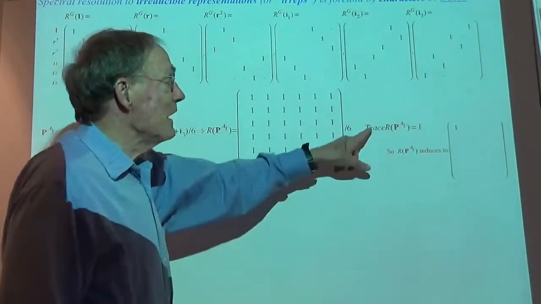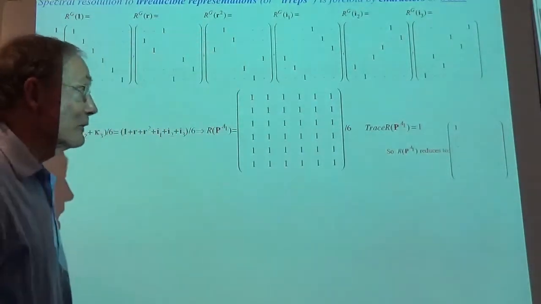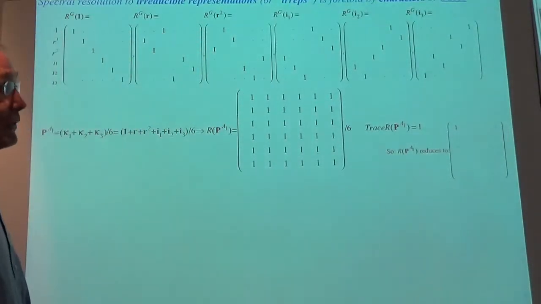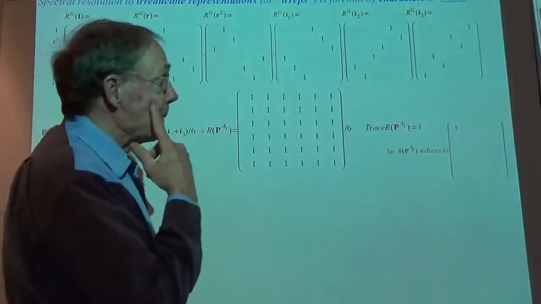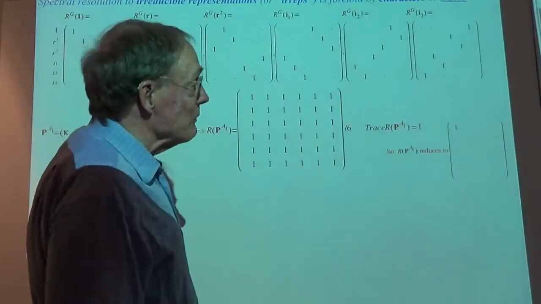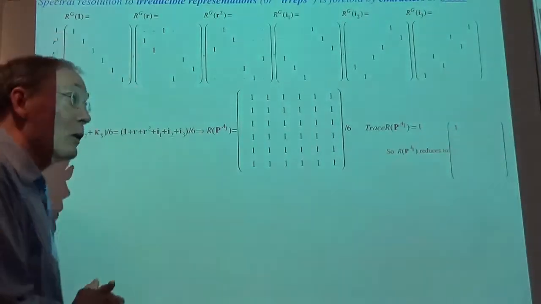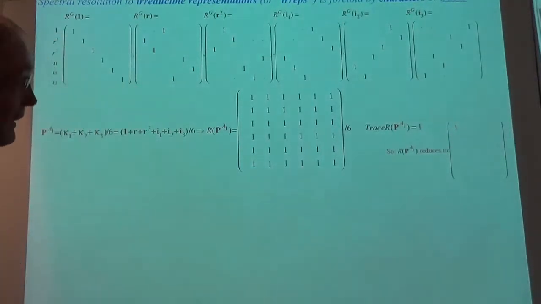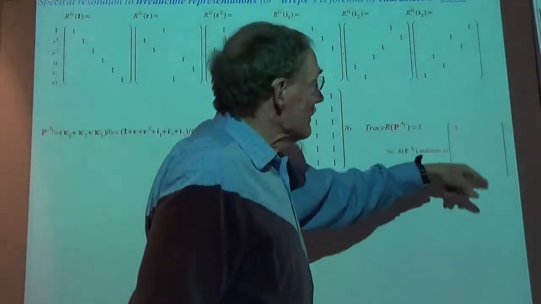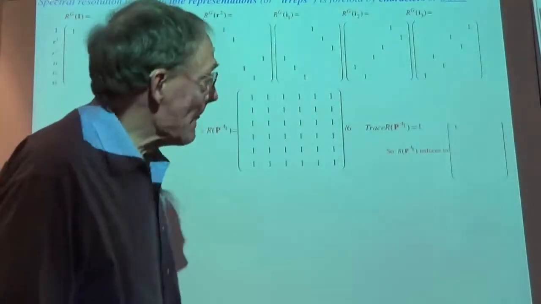Okay, once you've found the trace, that tells you that's what you're going to get. This is an idempotent. It squares up to itself, so the only eigenvalue could be 1 or 0. And actually, that's what you're seeing here: all zeros except for 1.